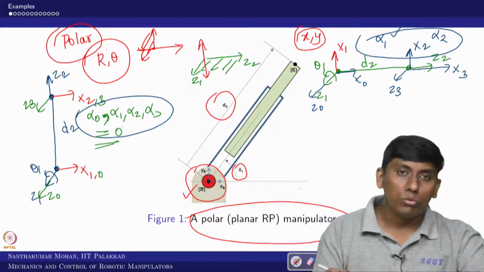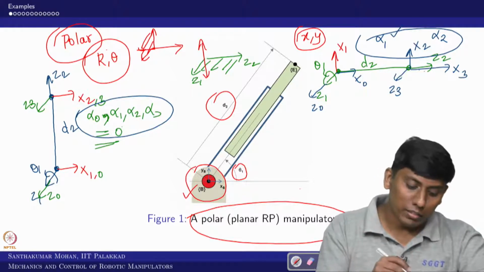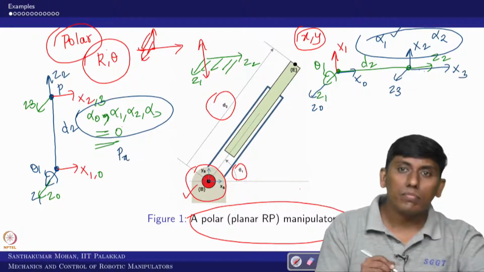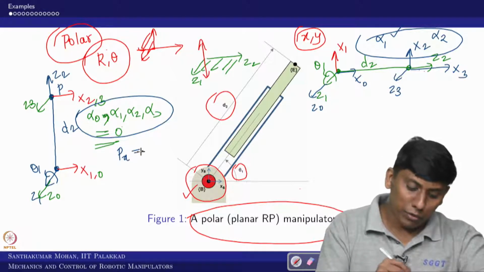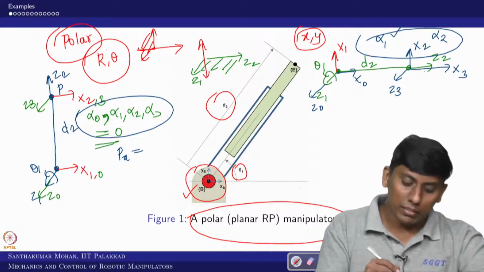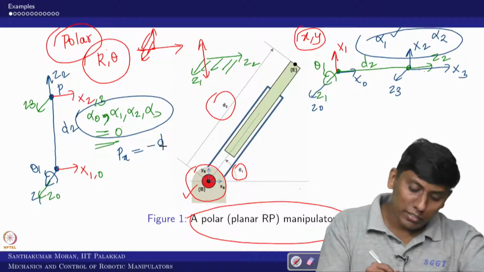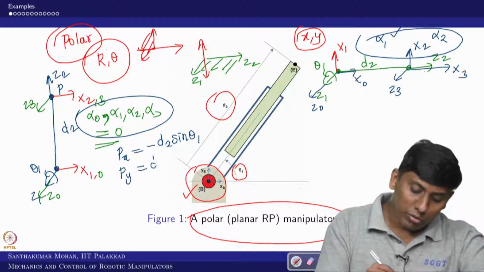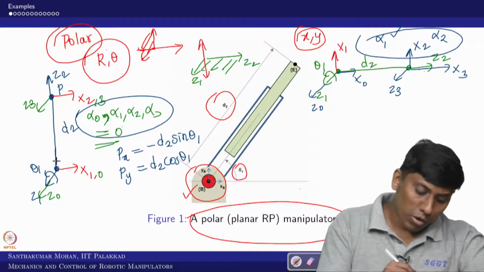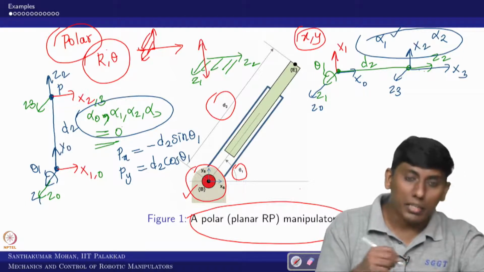Further, if you want to think about your forward kinematics, I assume that this is the point P. What can you expect for Px from here, because this is 0 degree, right? So what would be the Px? Px is actually minus d2 sin theta 1 in this case. What would be Py? Py is d2 cos theta 1, right, because your y0 is coming this way.